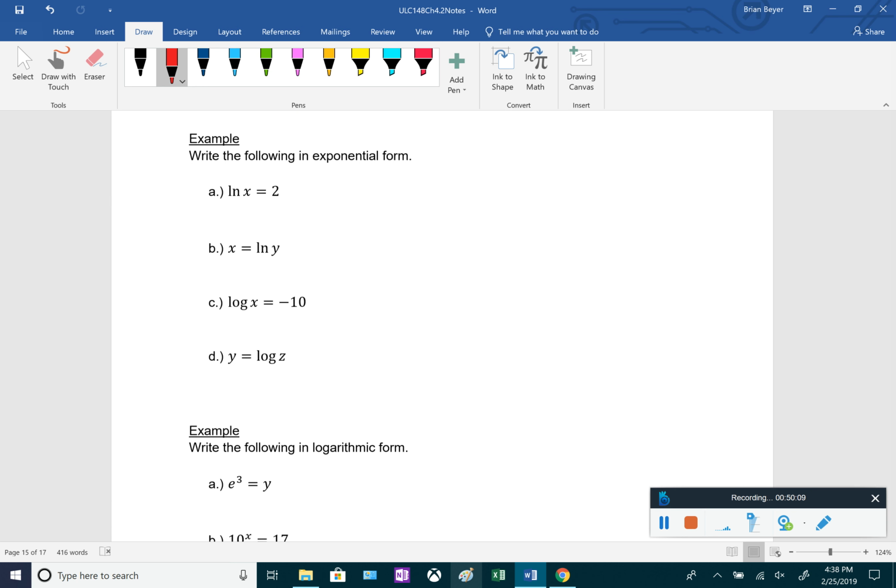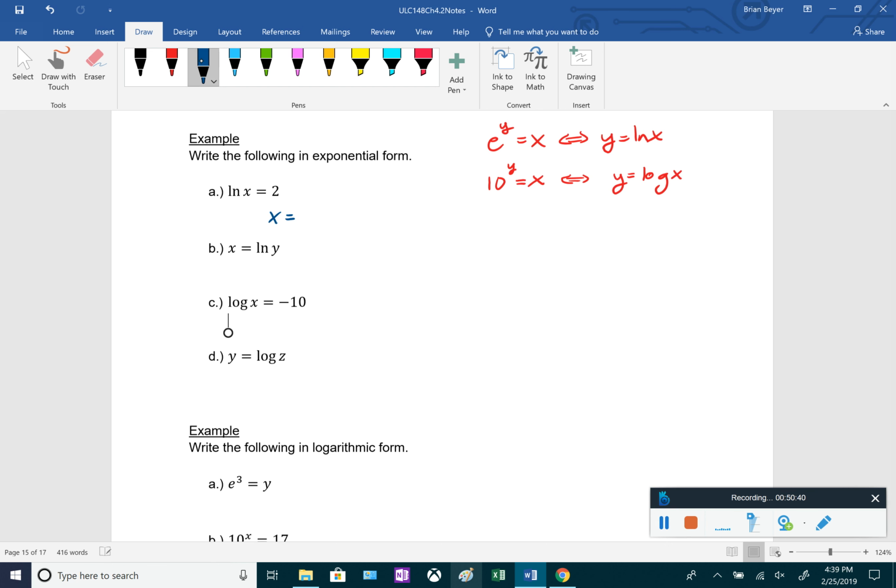Okay, so I'm going to rewrite those right here just so you can look back at it if you're following along. So e to the y equals x is the same as y equals ln of x, and 10 to the y equals x is the same as y equals log of x. Don't need the base 10. So doing this first example, ln of x equals 2.